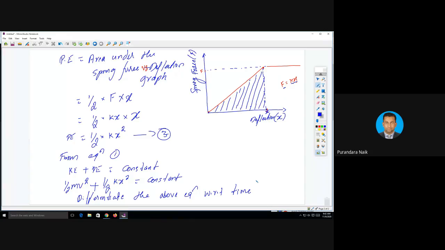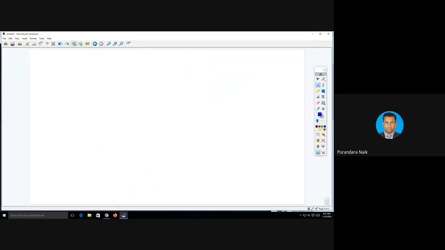Copy it. Differentiation of the above equation is half m v square plus half k x square is equal to the differentiation of the constant with respect to time, which is 0.